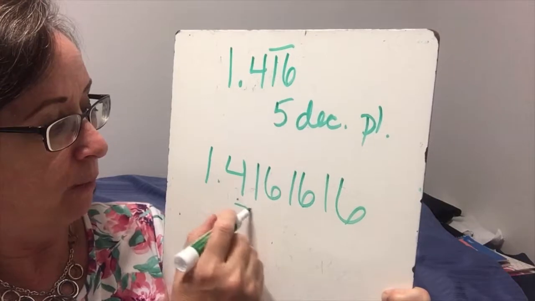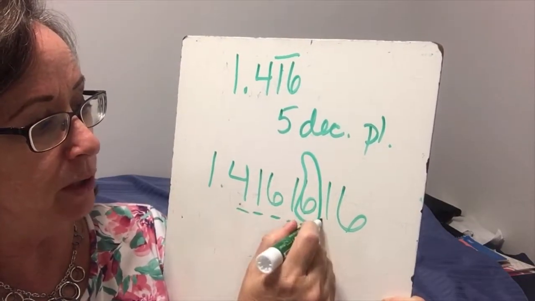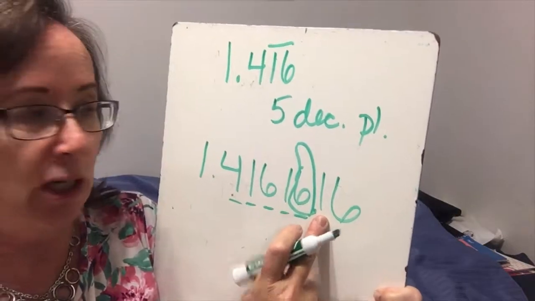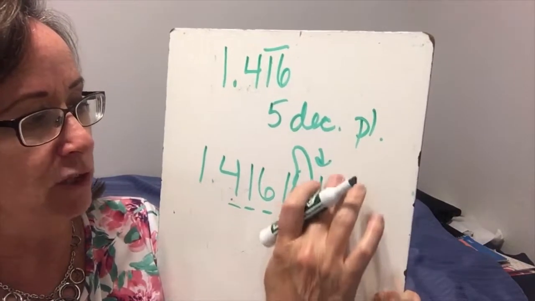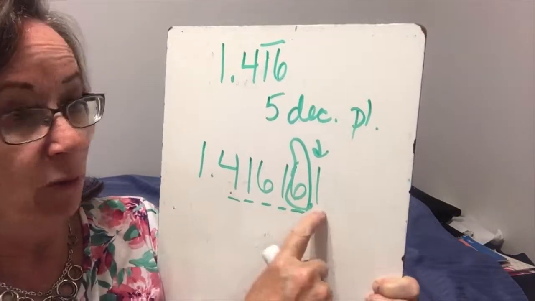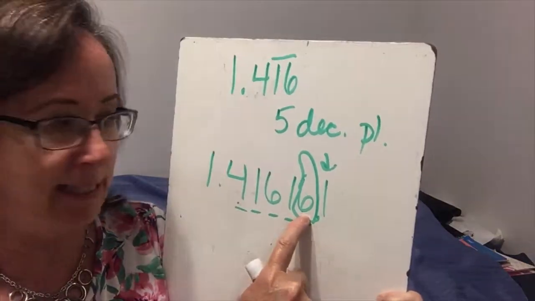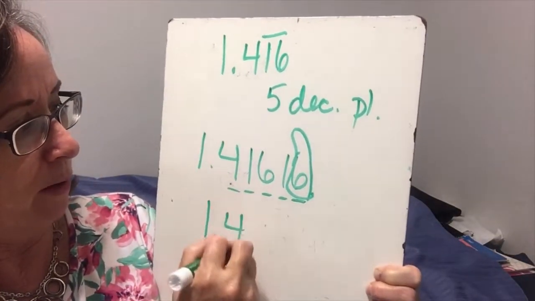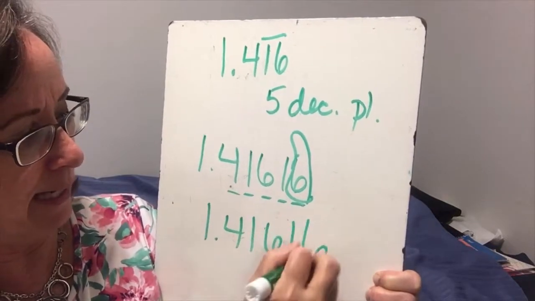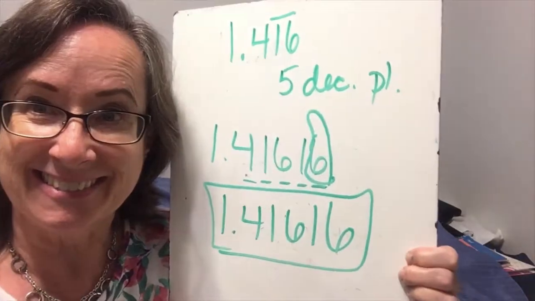And then 1, 2, 3, 4, 5, this is the one we're going to round it to. And then we're going to look at this digit right here. So this 6 doesn't have any job to do. We can erase it. The 1 is less than 5. Therefore, the 6 stays the same. We can get rid of that one. And 1.41616 is the final rounded answer.